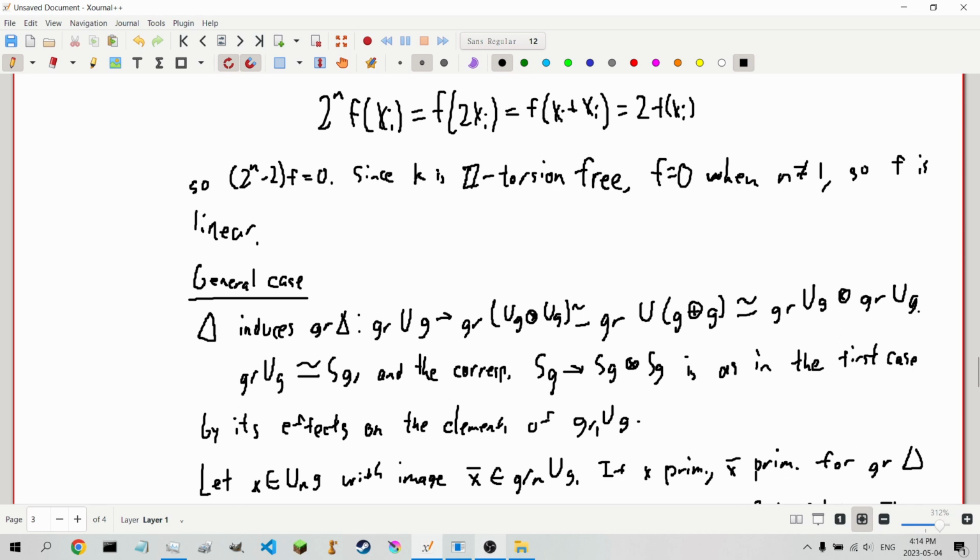And that is by its effects on the elements of the first grade of the universal algebra.